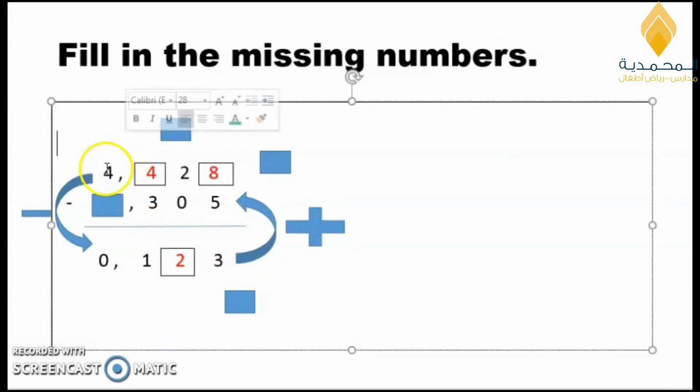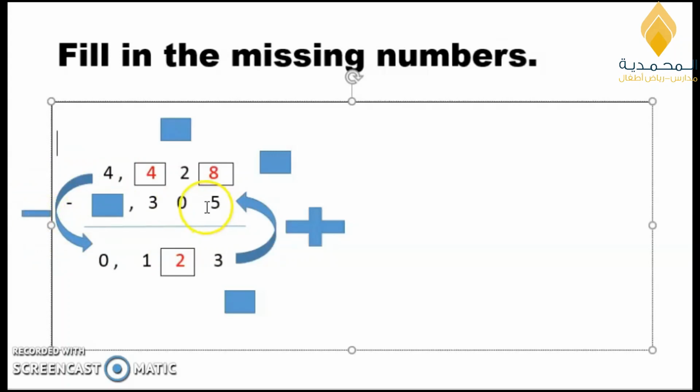Excellent. Now move to the thousands place. 4 minus a number we don't know equals 0. Okay, these two numbers are far away from each other. So put a row between them and subtract them. Don't add them, subtract.